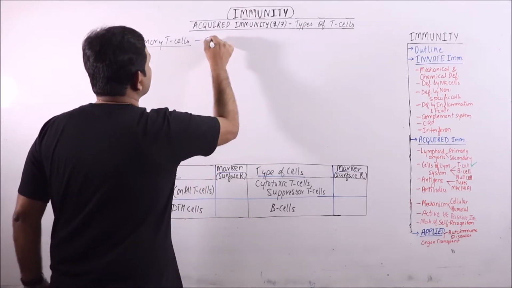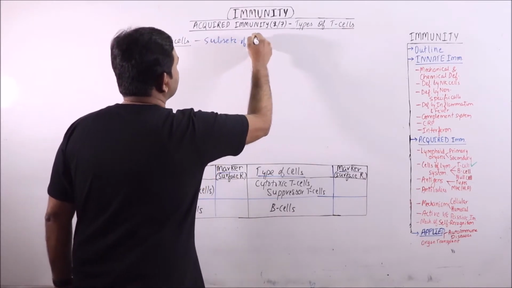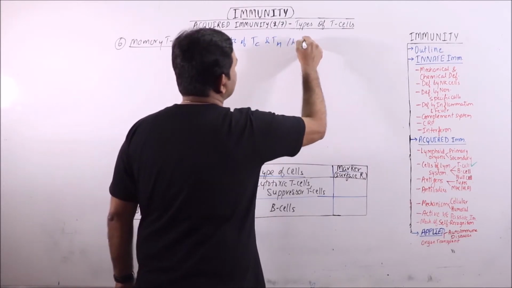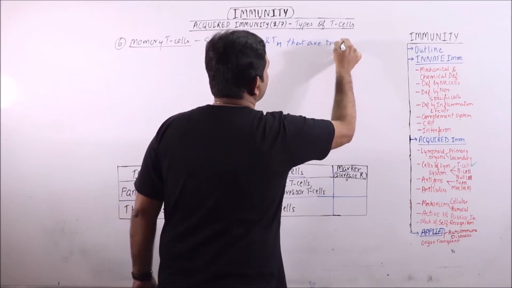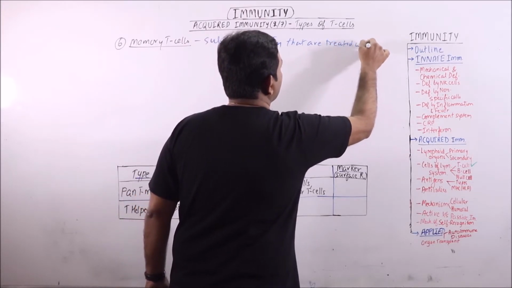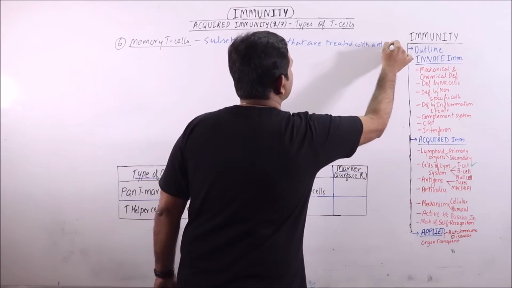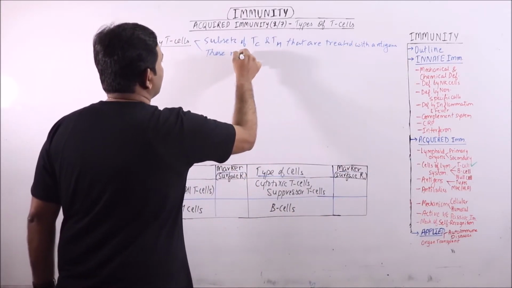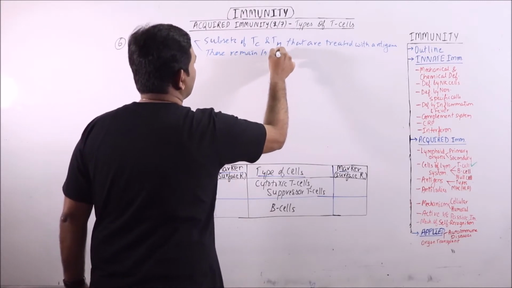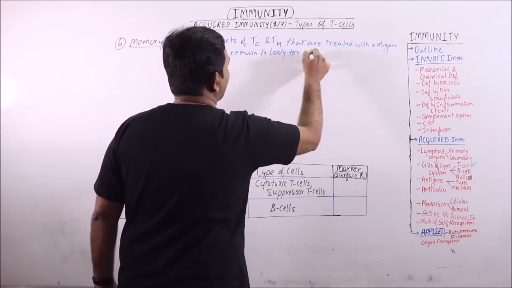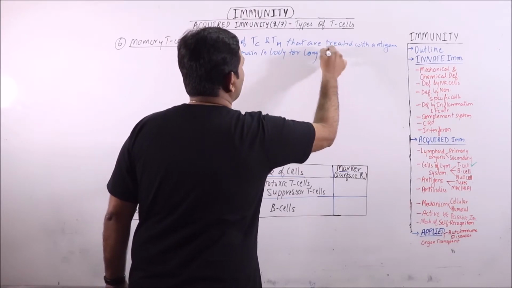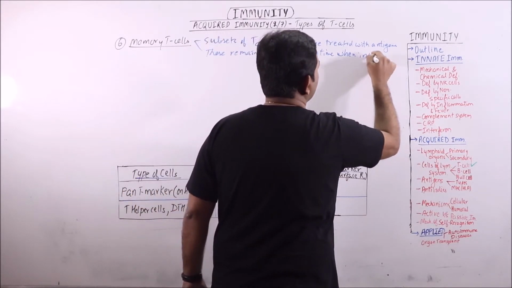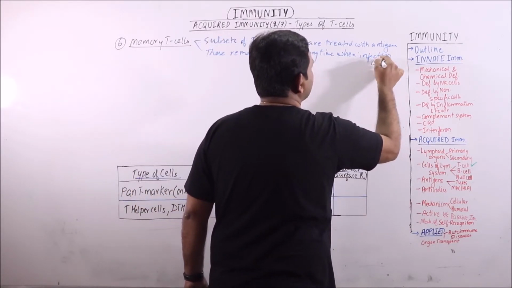Memory T cells are subsets of cytotoxic T cells and helper T cells that are treated with antigens. These remain in the body for a long time when the infection is treated.